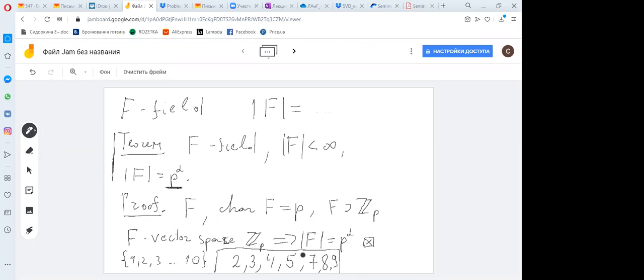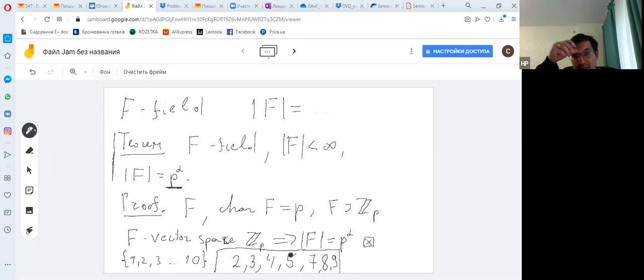Excuse me, and what about 1? 1, it's a philosophical question, because it seems that the definition of field says that 1 which belongs to this field does not equal 0 which belongs to this field.